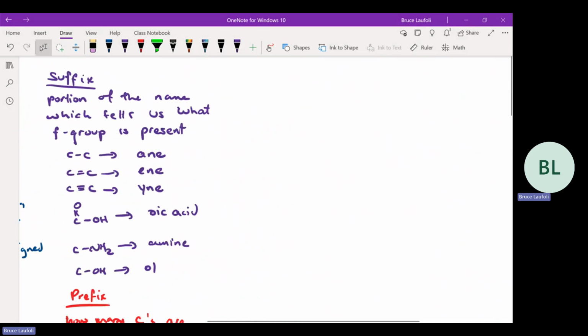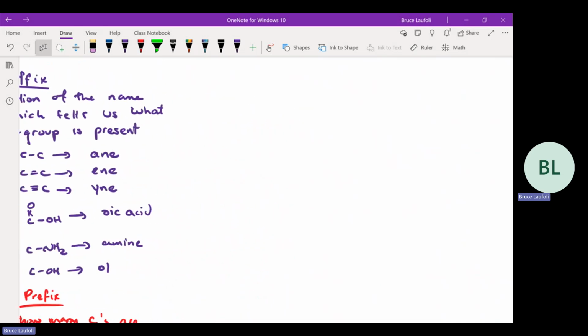And then one of the last things, I keep saying last thing, but it's not really. The other thing that you need to remember is that numbers and words in a name can't be put next to each other.